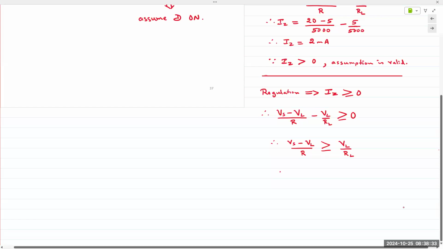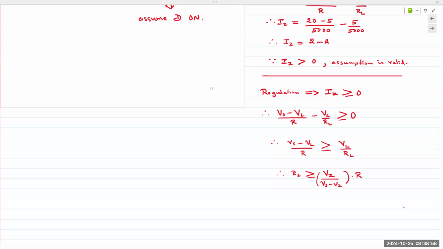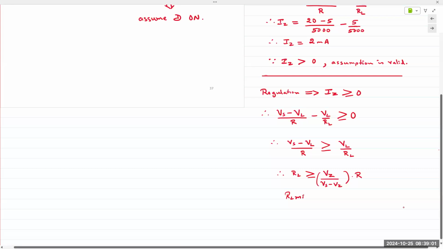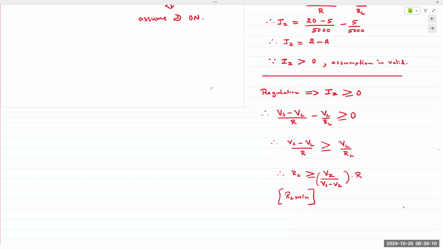And we rearrange the terms and we can obtain RL must be greater than or equal to VZ over (VS minus VZ) times R. So that is the minimum value. RL minimum.